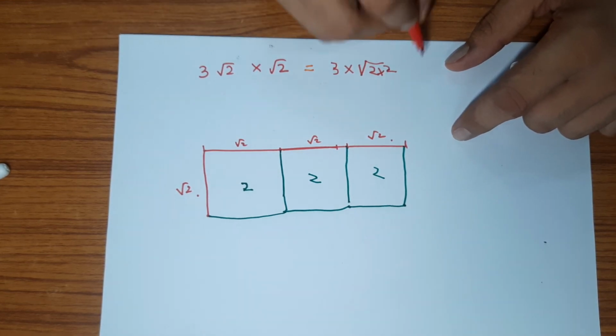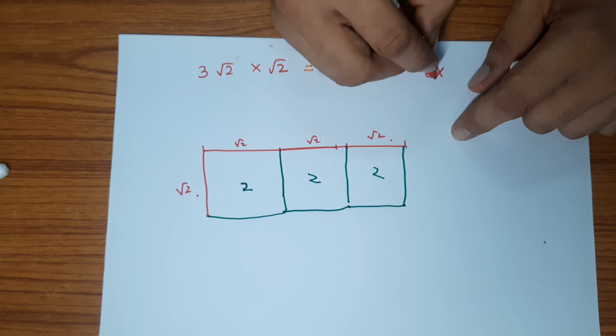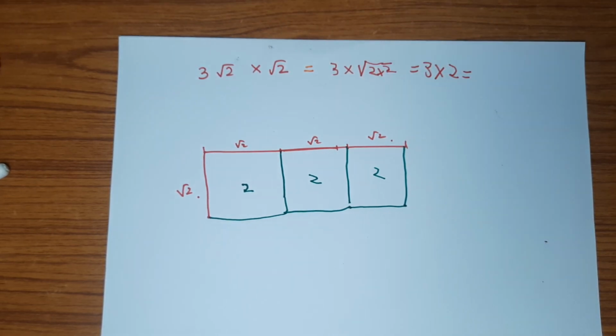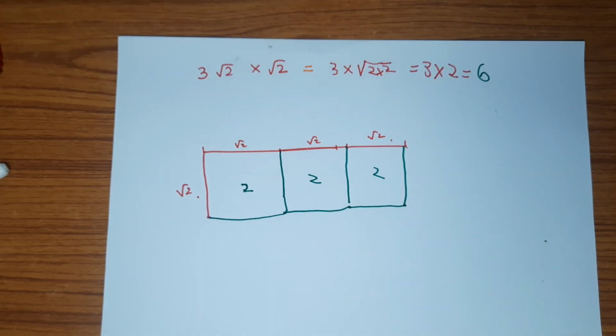I'm writing upside down, so it's hard, but it's both under square root. So that's as good as having 3 times 2, which is also equal to 6, which is what I got here. So, yeah, they are physical lengths, and I think as long as we remember that, it will make our life easy.